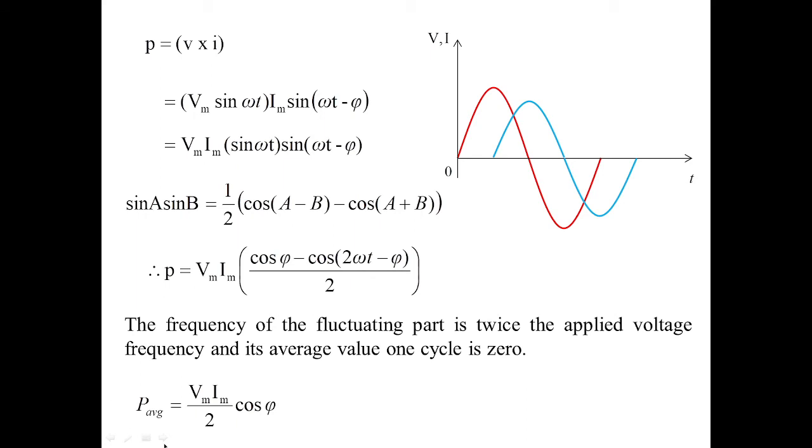With this, I obtain only the constant part as the average part. So average power is equal to Vm Im by 2 cos phi. You can rewrite this Vm Im by 2 as Vm by root 2 times Im by root 2 cos phi, which is equal to V I cos phi. Now here V and I become the RMS values.